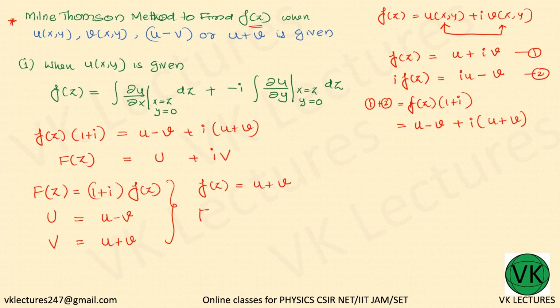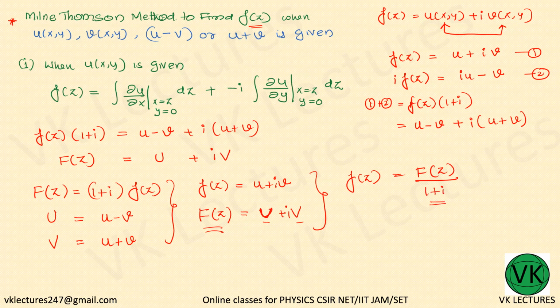Here we have capital F of z equal to capital U plus i times capital V. So if you want to find f of z from either u minus v or u plus v or u or v, f of z is equal to capital F of z divided by, from this equation, 1 plus i.